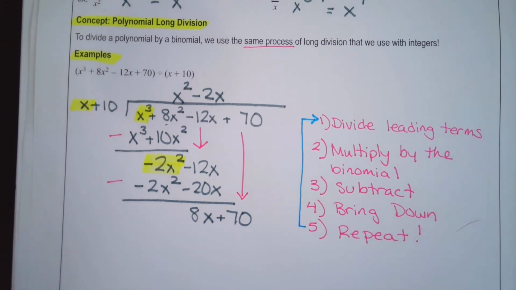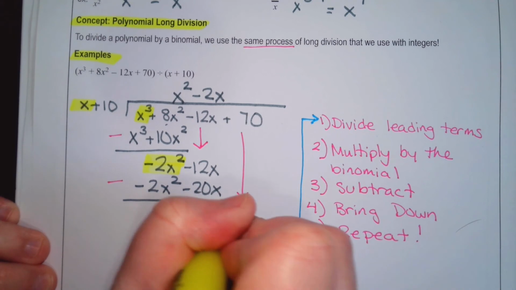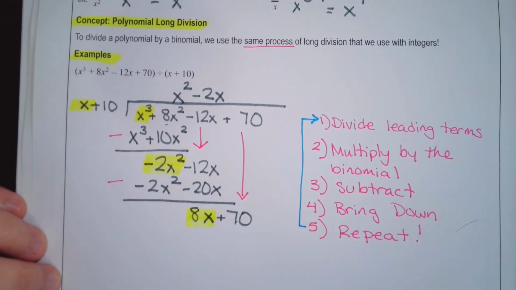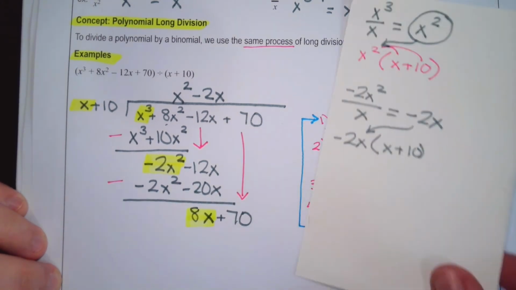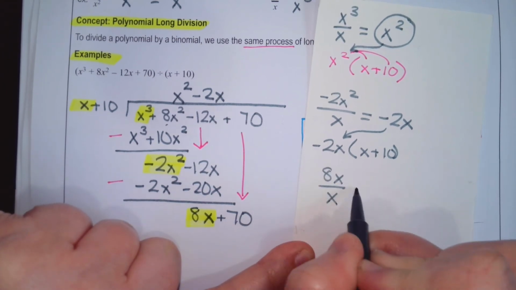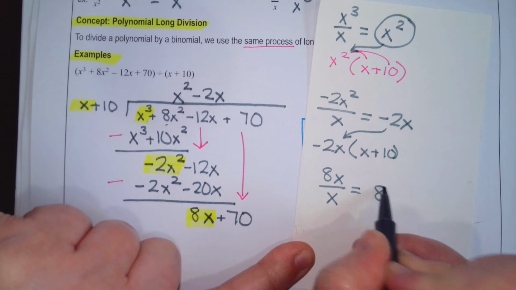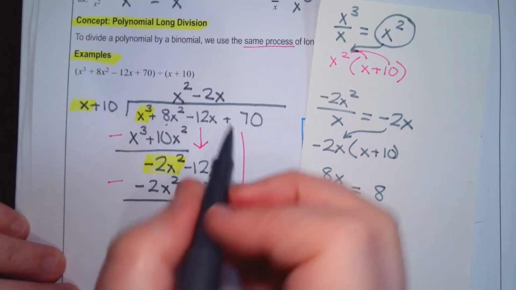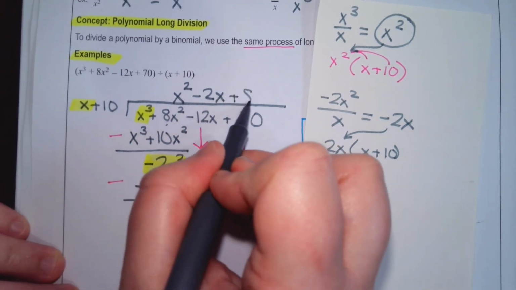So our new leading term now is 8x. So I'm going to bring back my little slip of paper. So now we're going to divide 8x by x. And that gives us 8. So that's going to go right up top.